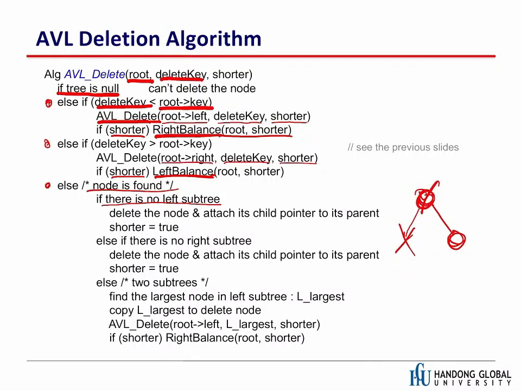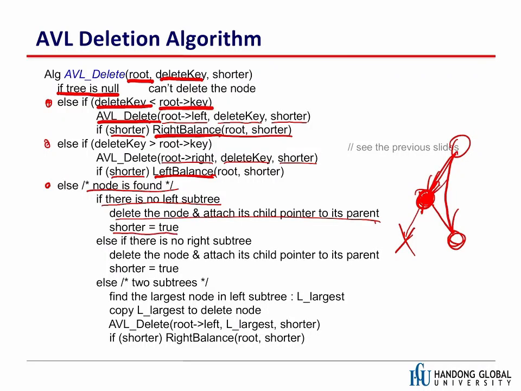Then delete this node, and then attach its child pointer to its parent. So we have a parent here, so the parent was pointing to this node, and we are deleting this one, but this one has only one child, and the parent can point to this one.